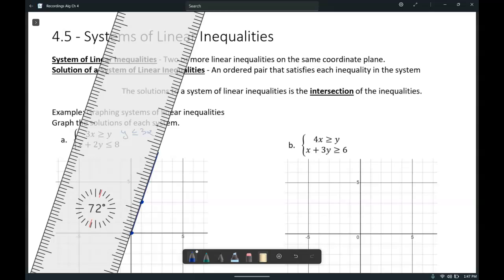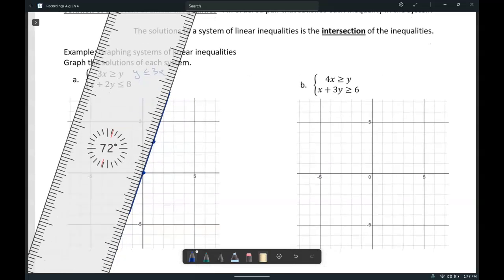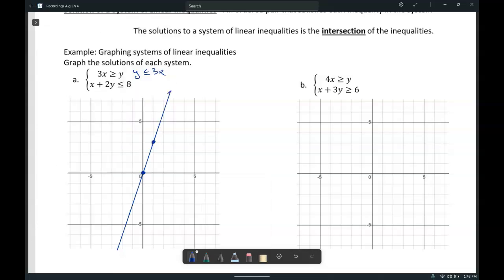These are or equal to, so this will be a solid line. And there is our line. y is less than or equal to 3x. And this line is shaded below. We'll shade below. But we need to see where our other line is to see where the intersection is.